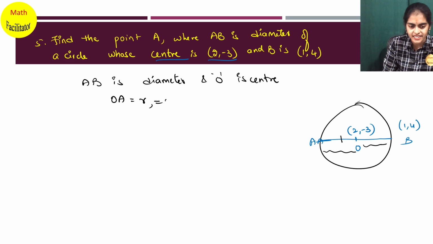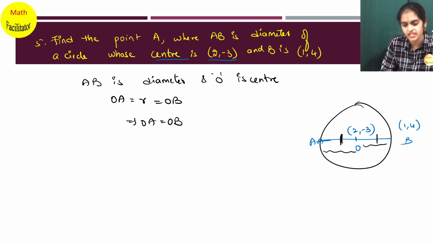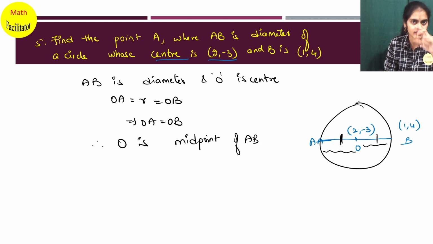OB is also the radius. So AO is equal to the radius and OB is also equal to the radius. Or can I say AO equal to OB, both are equal? So this part is equal to this part, which implies O is the midpoint of AB. The center is the midpoint of the diameter, isn't it? So O is the midpoint of AB.